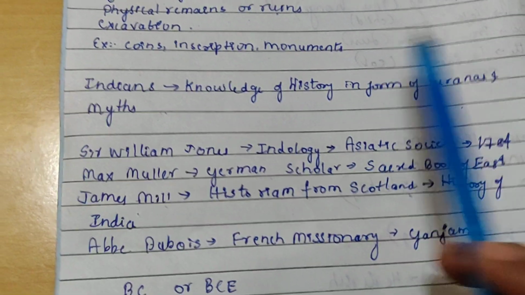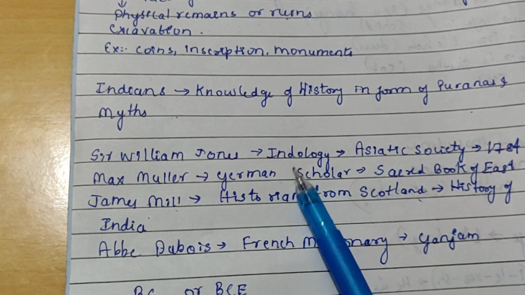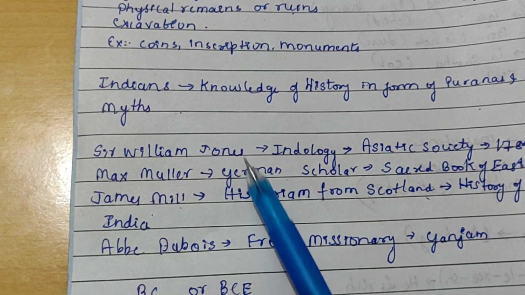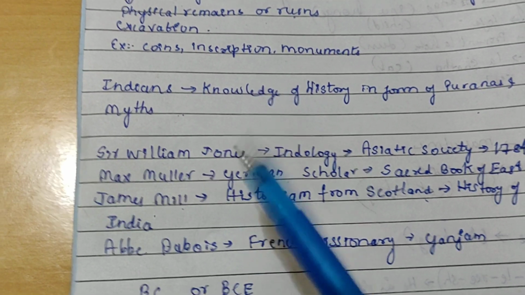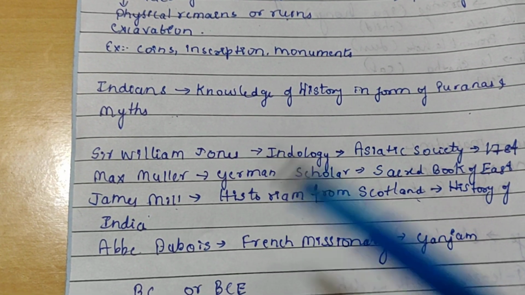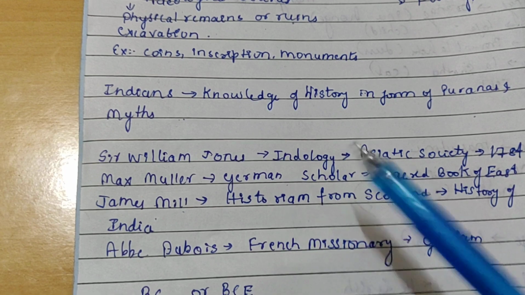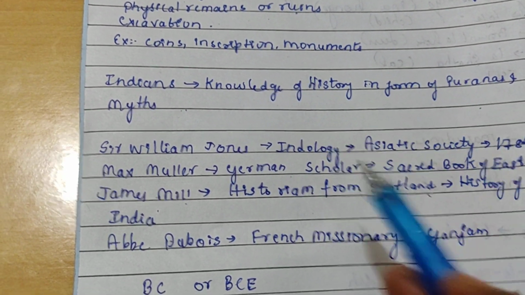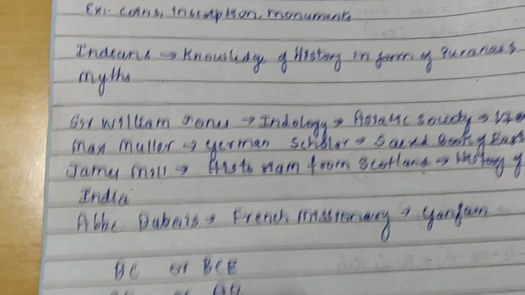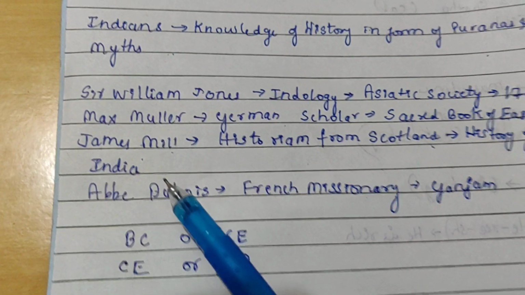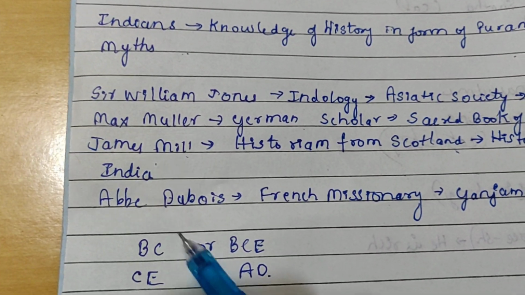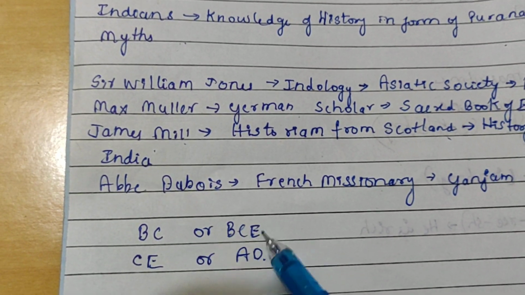So in this way, there are certain books written by foreign people, and by studying them we will understand their ideology about Indian history. Now I will tell you about two terms, BC and BCE.